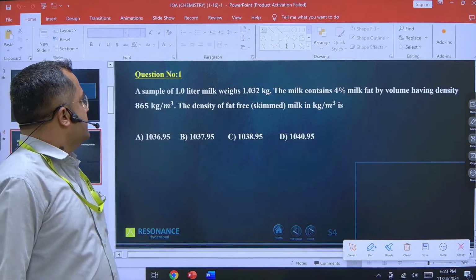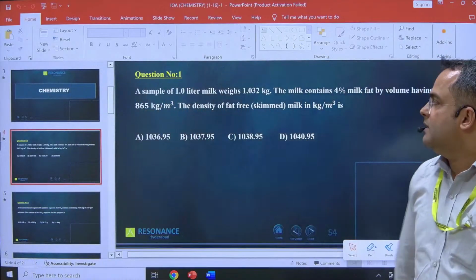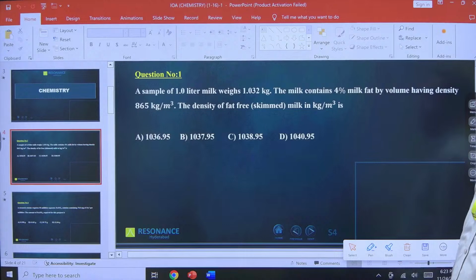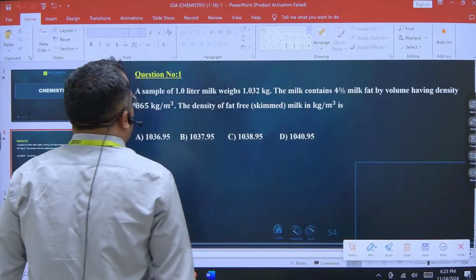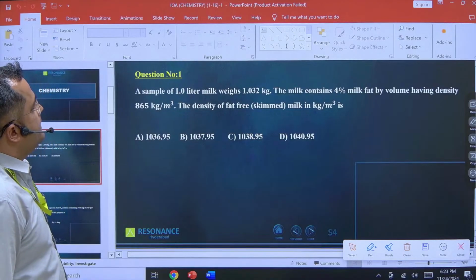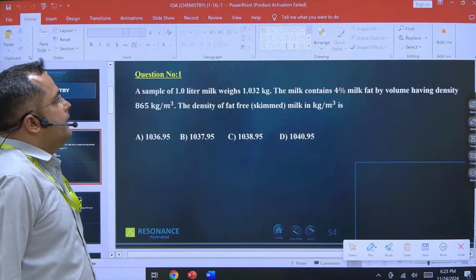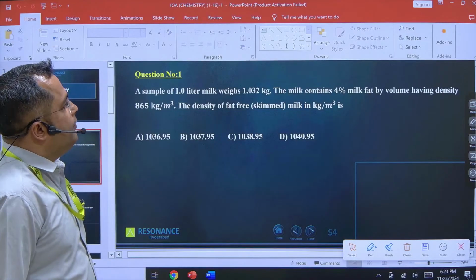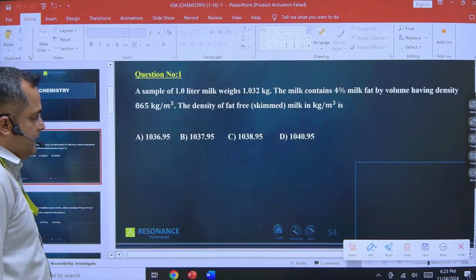So our first question is basic chemistry, we can say it is a basic part of chemistry. What is given here? A sample of 1 liter milk is given and its weight is also given. That milk contains 4% milk fat by volume and its density is given.